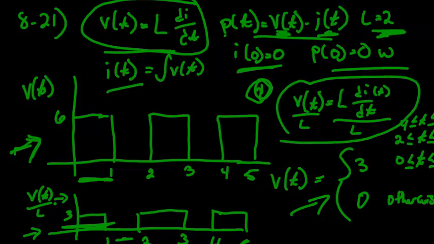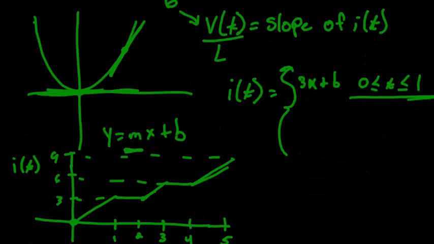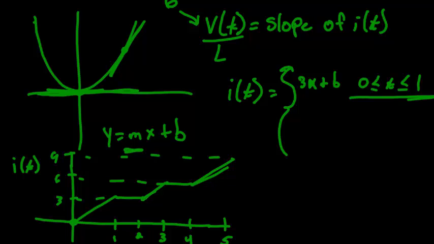And then you find the equation for i(t), and now we do the next step. Exactly. And now we find P. You found that the slope is different. It's just 3x, right? Because b is 0.